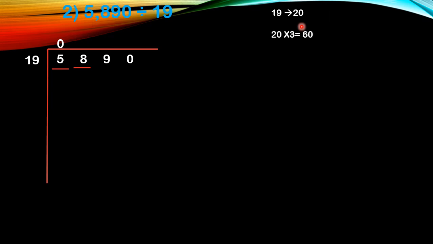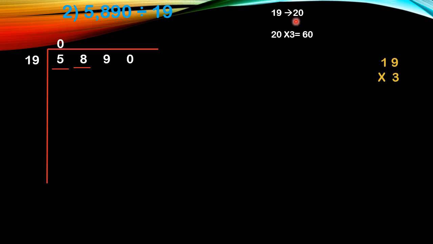So 20 3s are 60. That is 60 is nearest to 58, isn't it? So we can multiply the 3 by 19. Otherwise we have to multiply 19 into 1, 19 into 2, 19 into 3, 19 into 4, and so on. So this is one easy method to find out the quotient, okay?